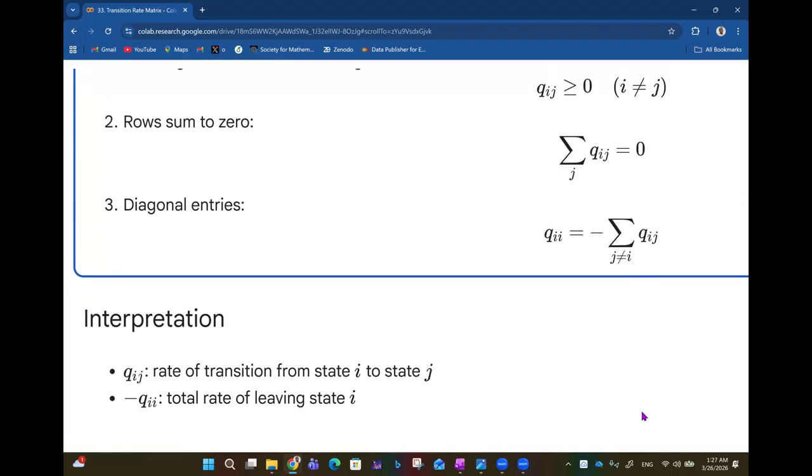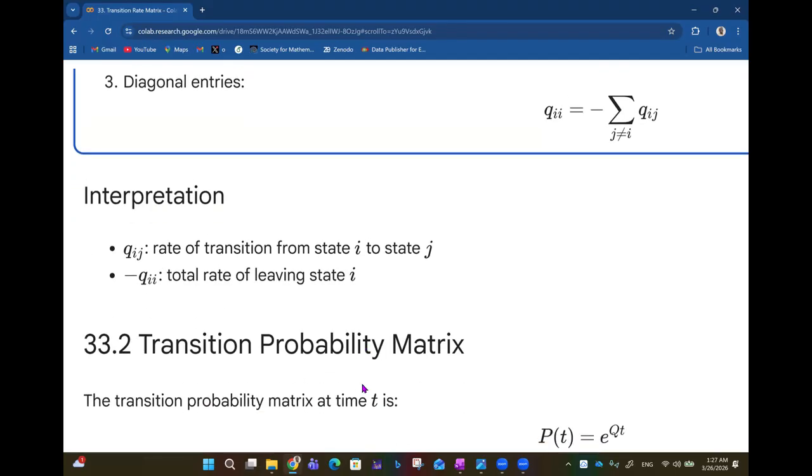So the interpretation is that Qij is the rate of transition from state i to state j, while minus Qii is the total rate of leaving state i. If you add up every other value, you get the total rate of leaving state i, and that's basically minus Qii.